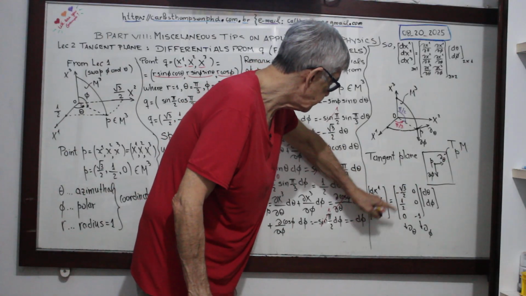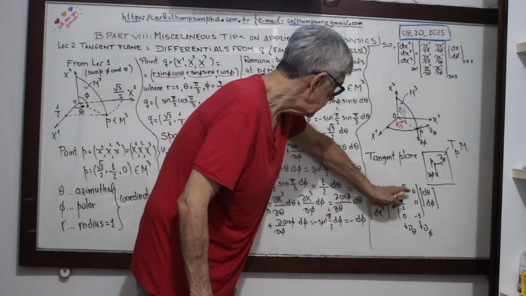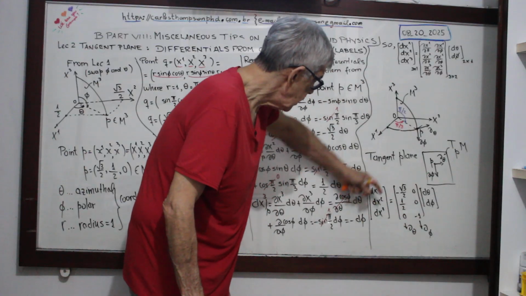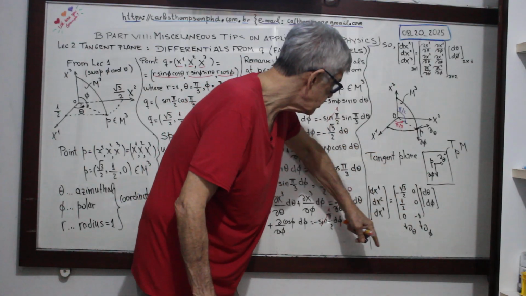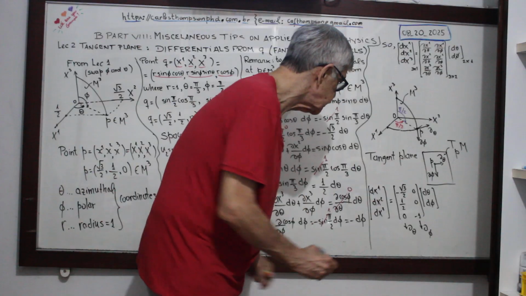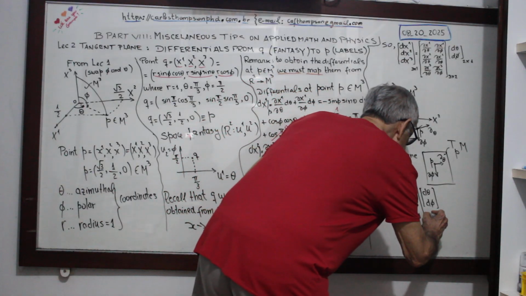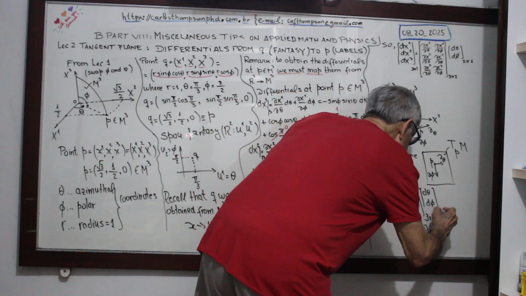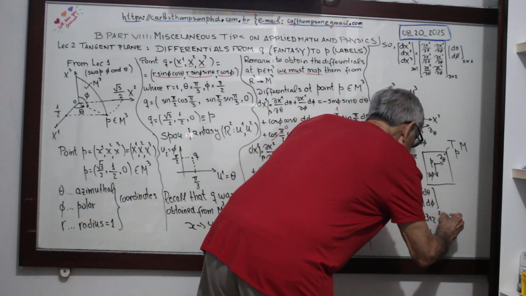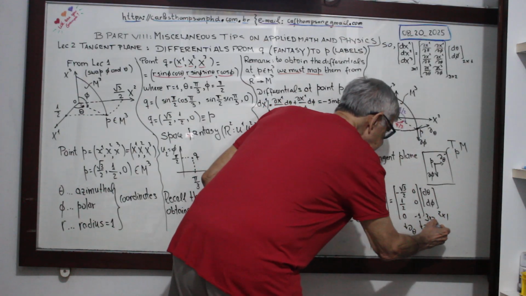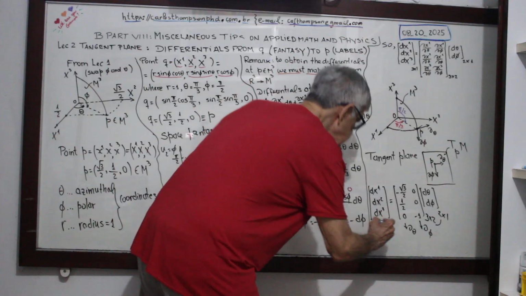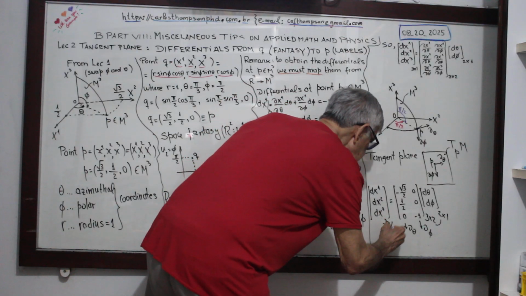So minus square root of 2, 1/2 and 0. This 0, 0 and minus 1. If you multiply this, there's a matrix. In this case it is 3 by 2. This is 2 by 1. The result will be 3 by 1.